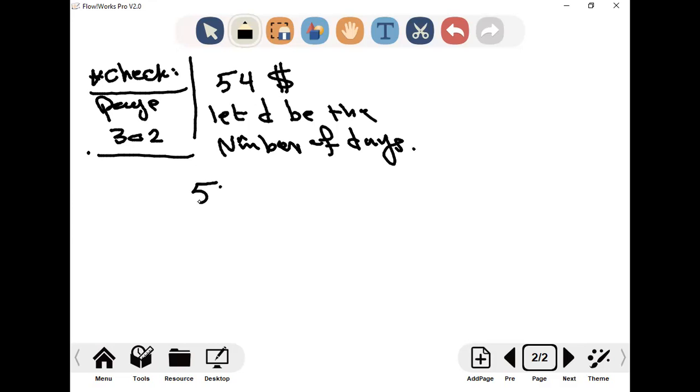Who can tell me the equation? Yes, Sam. Minus 6D. She has left how much? 18. So 54 minus 6 multiply the number of the days, which is D. I don't know it. She has left 18. This is the equation, right?